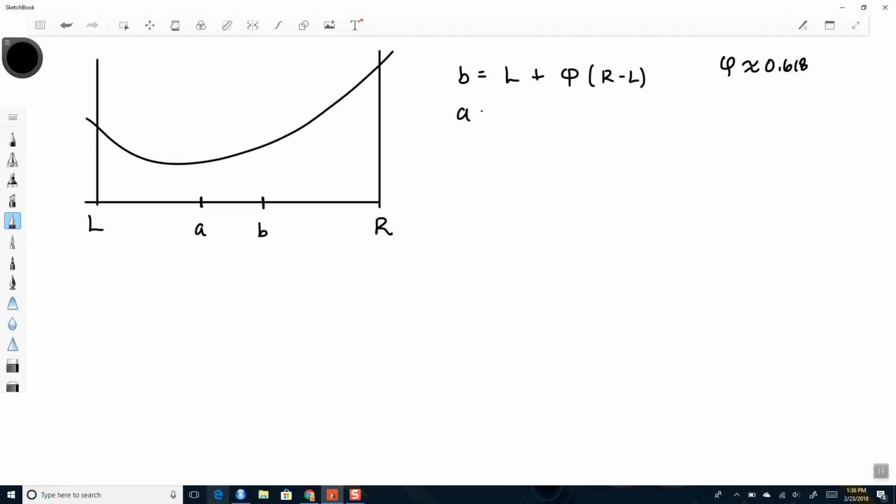And A would be equal to R minus the golden ratio times R minus L. Then we evaluate f at A and f at B.